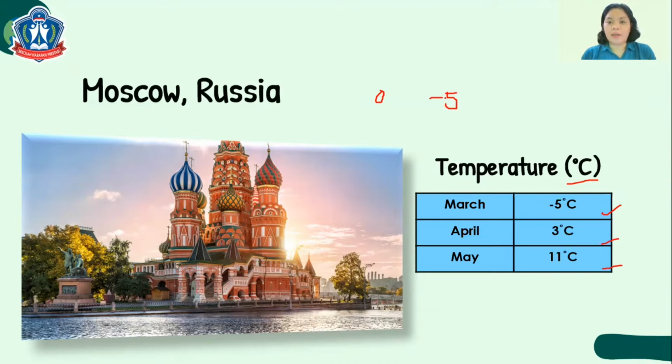Or which one is greater? Yes, 0, children, is greater or bigger than -5. Therefore, -5 is colder than 0. Therefore, Moscow has a very cold weather or temperature during March. So do you think Moscow has snow? Yes, in Moscow they have snow.